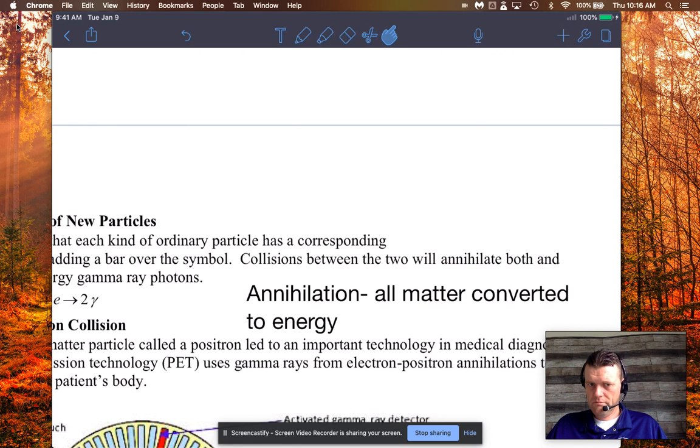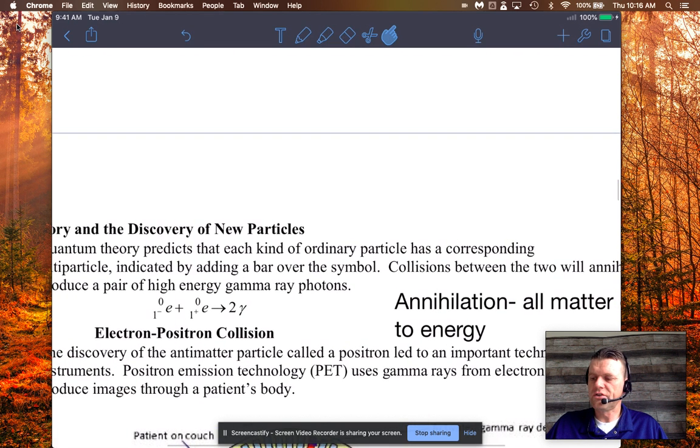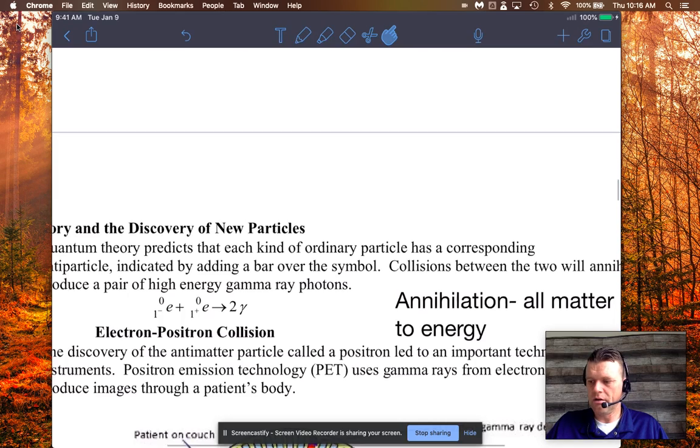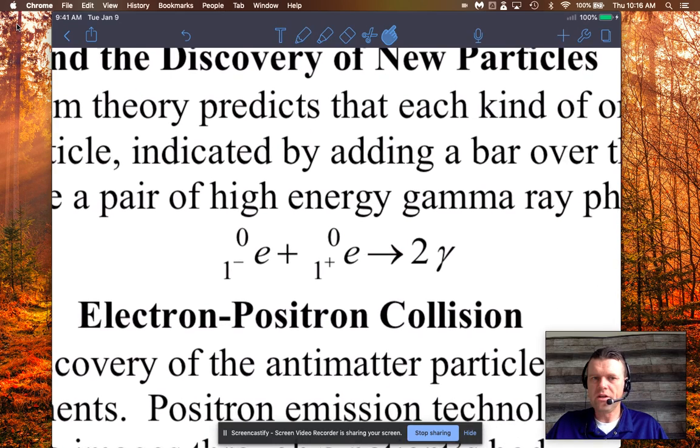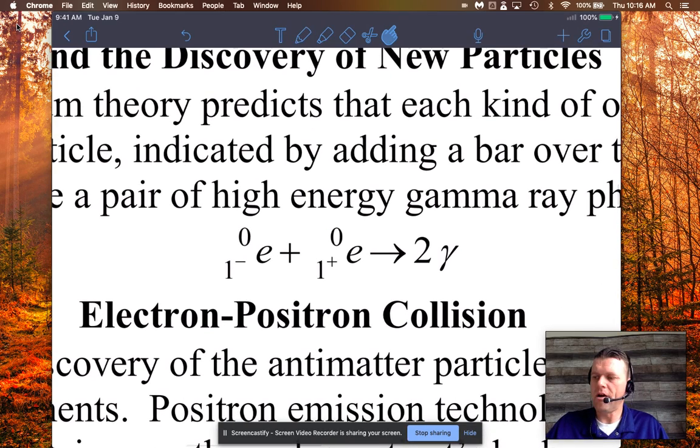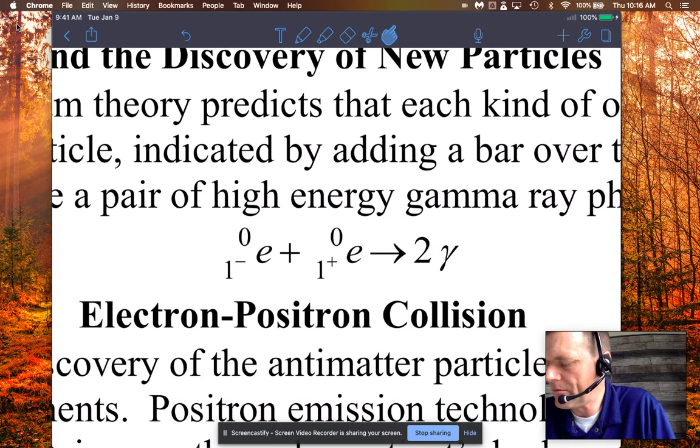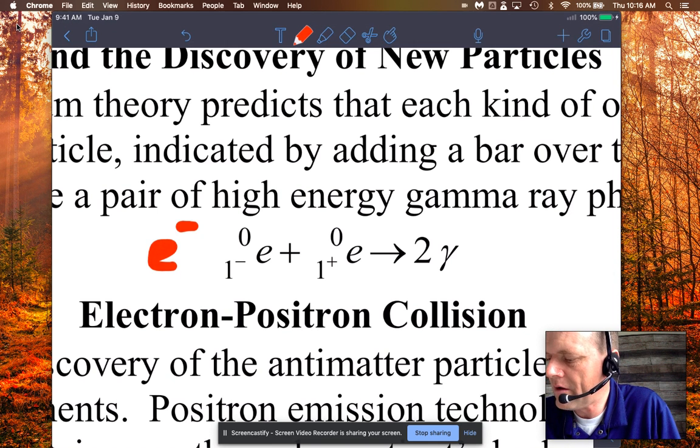If a positron meets an electron, that's what this is showing here, e negative and e positive. In simple terms, sometimes we just write an electron as e negative and a positron as e plus.